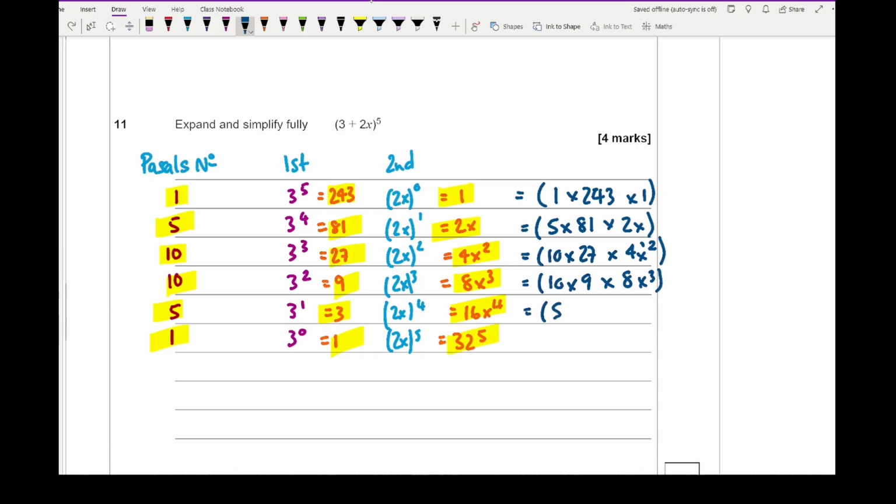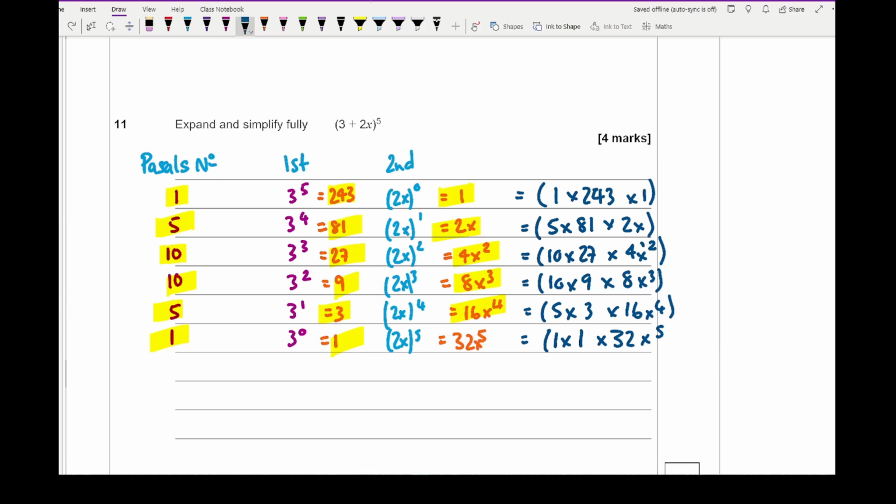This is going to be 5 times 3 times 16x to the power of 4. And the final one is going to be 1 times 1 times 32x to the power of 5. There we go.